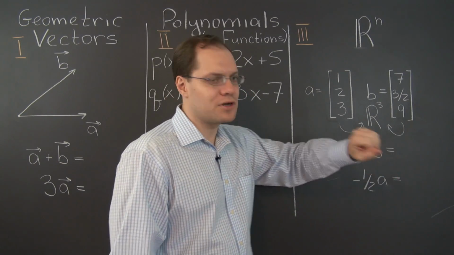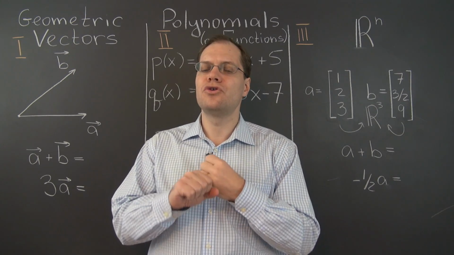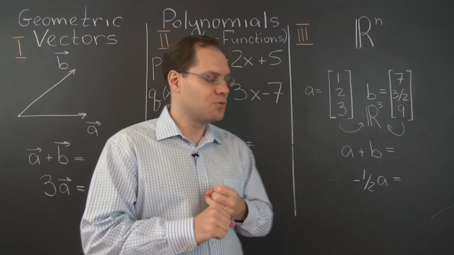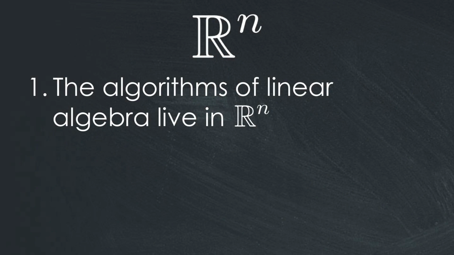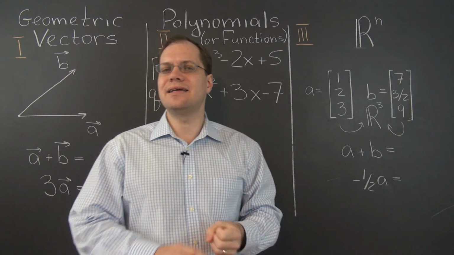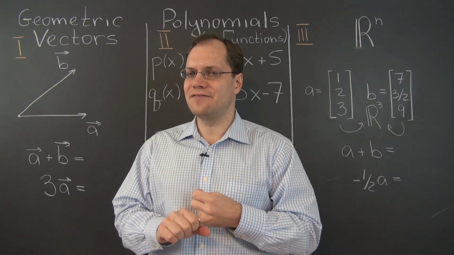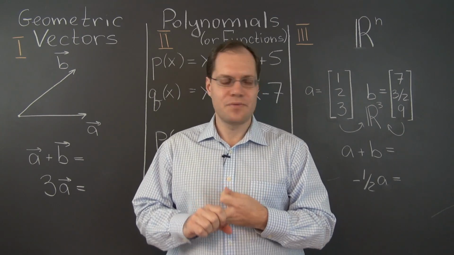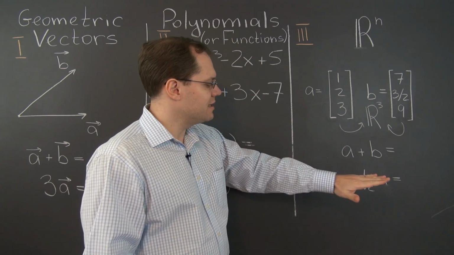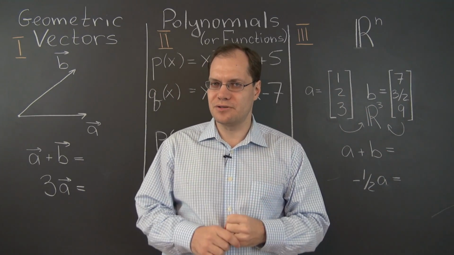And they're very important kinds of vectors for several reasons that will become apparent throughout the course. Number one, all of the robust algorithms of linear algebra are stated in Rn. We'll study Gaussian elimination. And then the eigenvalue algorithm, which sounds like a funny word, is a very important concept. And many, many more will be formulated and explored in Rn in terms of sets of numbers.